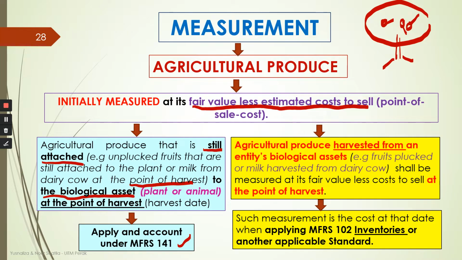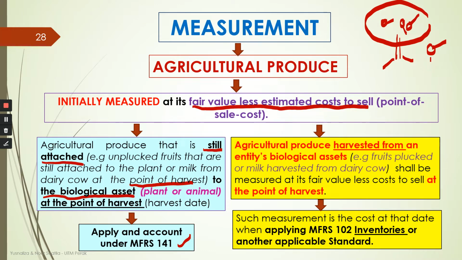However, if you have agricultural produce which are harvested, let's say this is a durian tree, for example. The durian was harvested, so it is detached from the tree. So this durian will no longer be measured using Mfrs 141.